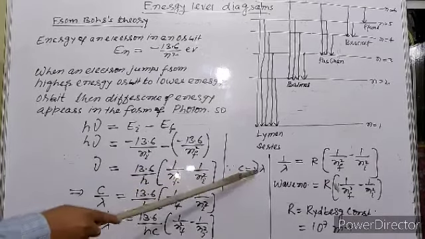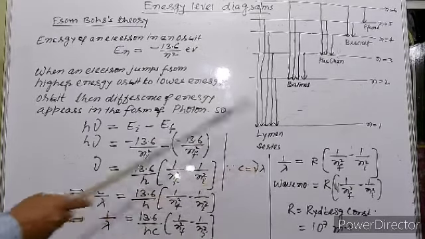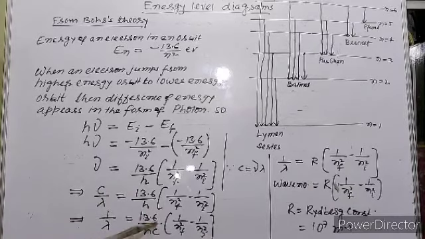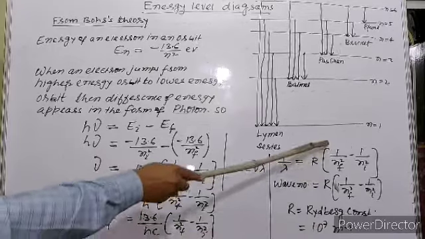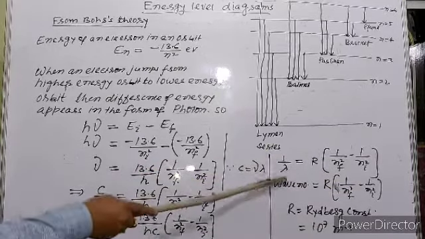Nu, c equals nu lambda, where c is the speed of light, nu is frequency, and lambda is wavelength. So 13.6 by h c, where h is Planck's constant, 6.6 into 10 to the power minus 34, and c is the speed of light, gives the Rydberg constant. Its value is 10 to the power 7, times 1 by Nf square minus 1 by Ni square. This is the 1 by lambda.